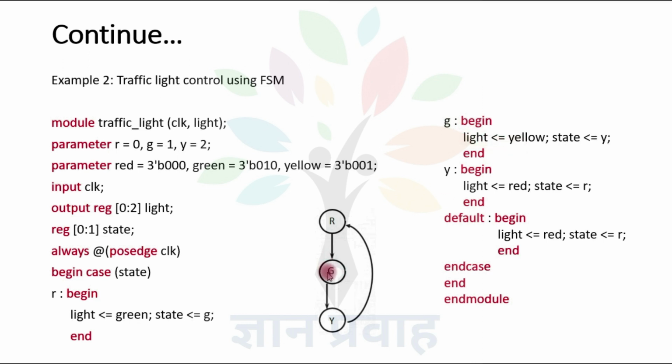If we are at state Y, then the next state is red and the light will be red. The default statement is mentioned here, and R is the reset state. In the reset state, the light will be red. End case and end module.